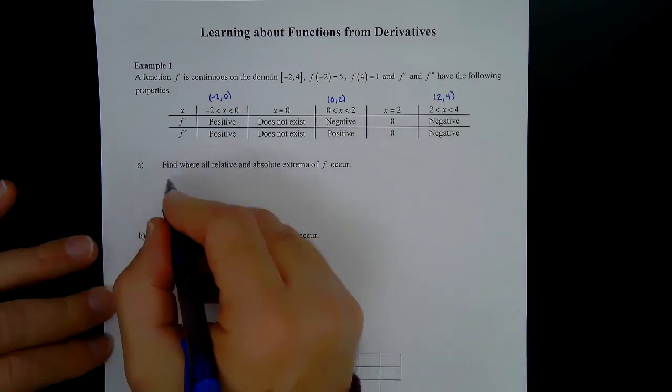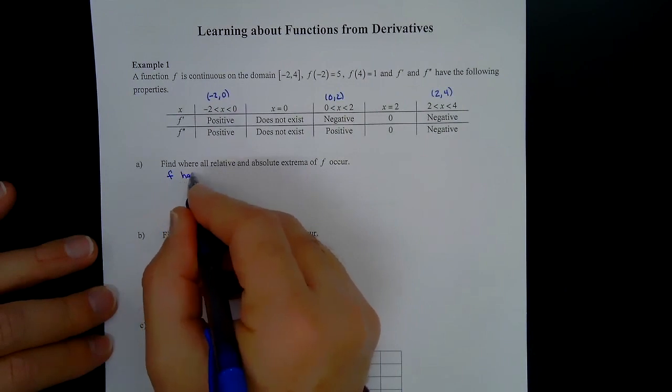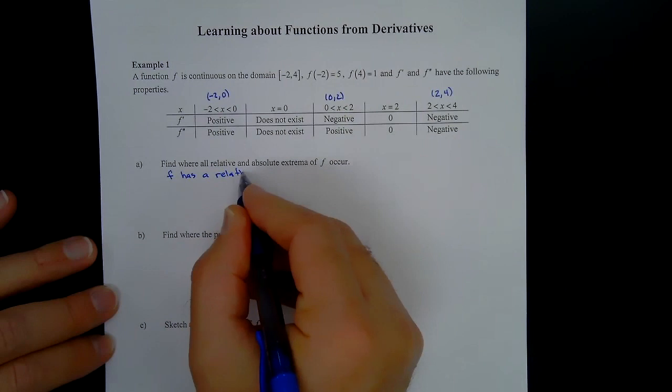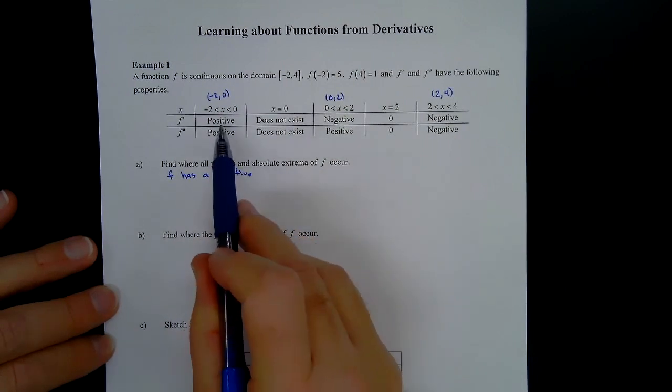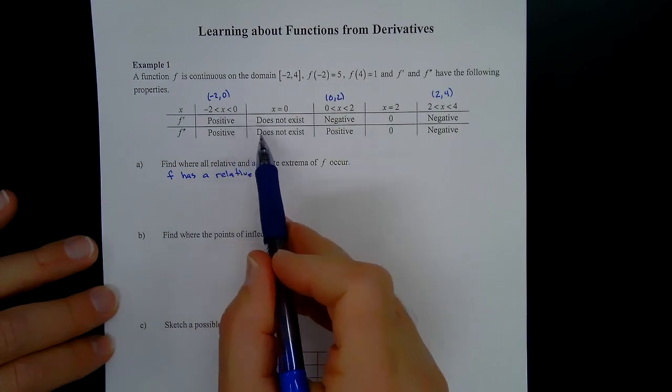So f has a relative extremum. And what is it? Because we're going from positive to negative, that means we're going from increasing to decreasing.